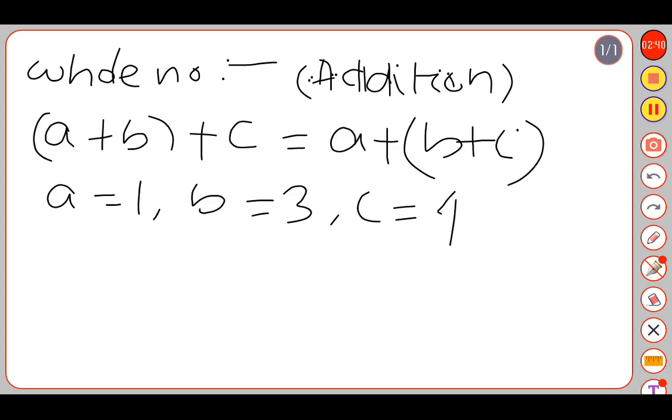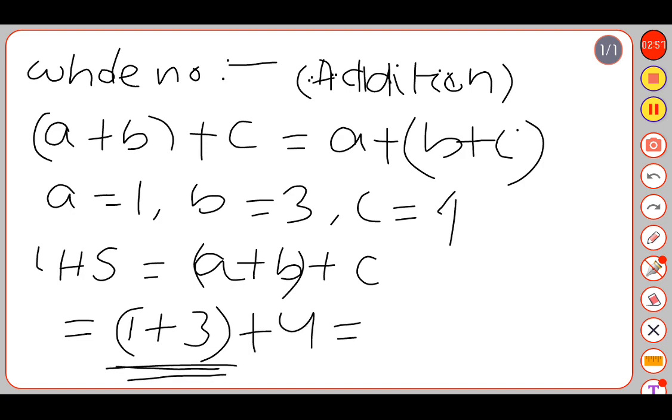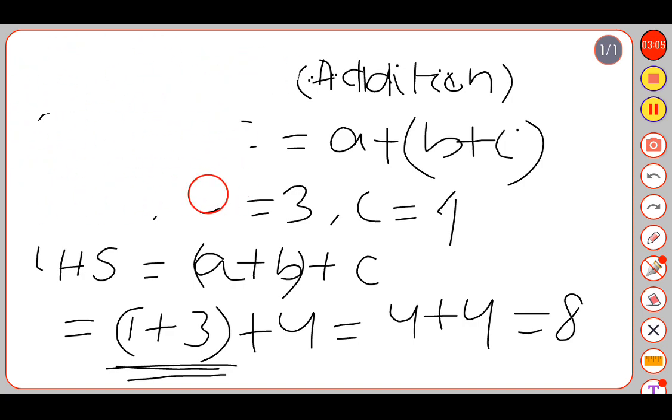So we will put the values now. LHS equals (a + b) + c, that is (1 + 3) + 4. We first solve the numbers in the bracket, so it will be 4 + 4, that is 8. Now we will try this on the RHS.